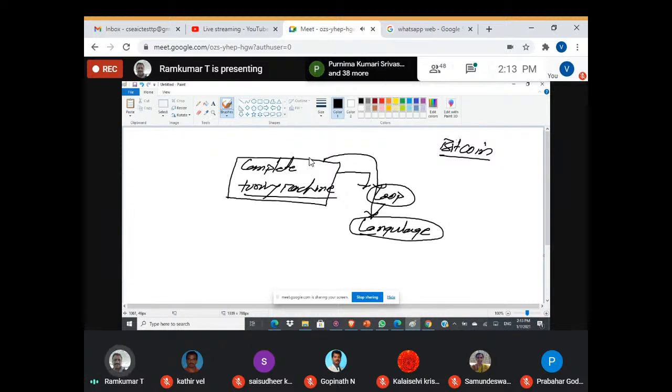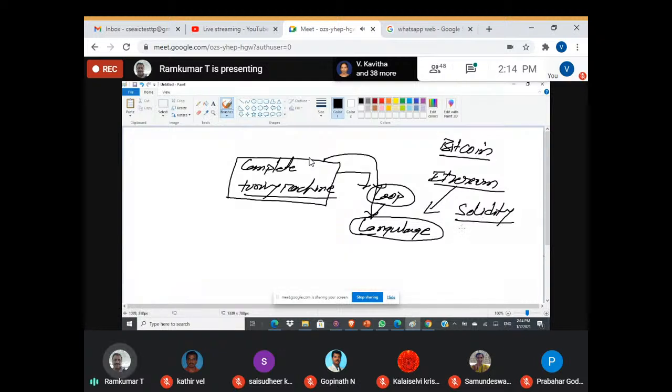Because of that, we cannot write our own code by using any programming language. That is the difficulty. Whereas Ethereum is a Turing complete machine, so I can write my own code by using a language. The language defined for Ethereum is called Solidity.